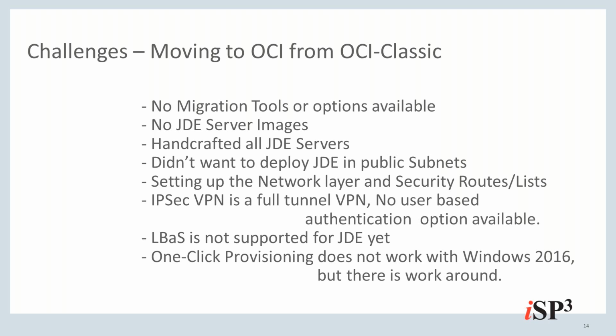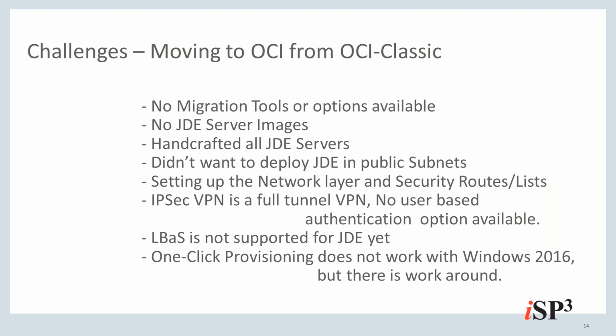And the other one was setting up the network layer and the security rules. Obviously there is a learning curve going from generation 1 to generation 2. There was a time that I was playing around with the security lists and the rules to find the best optimized way to set it up so that there are no external forces coming into my server resources.